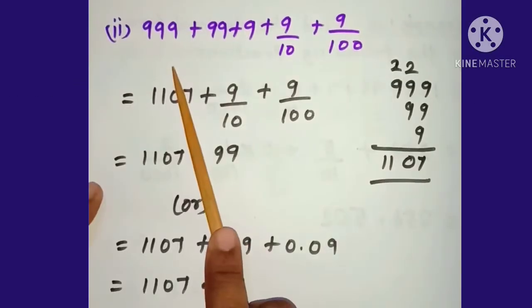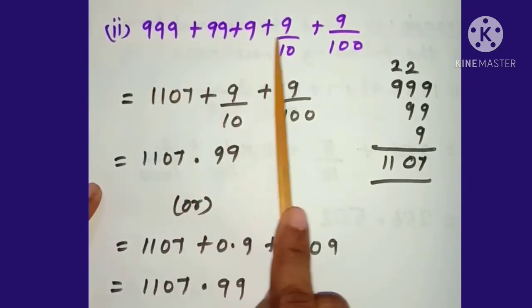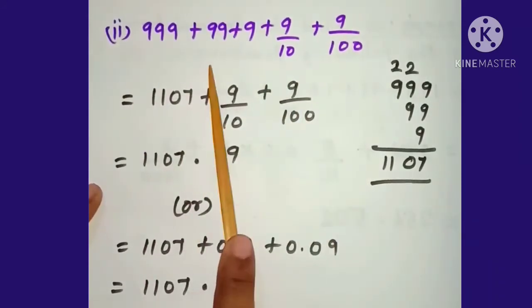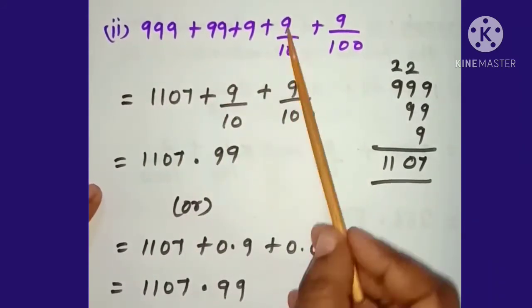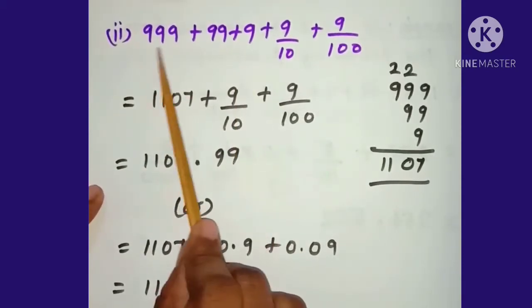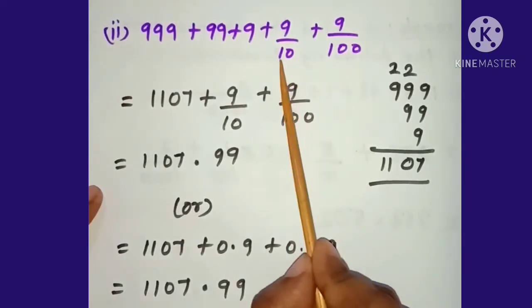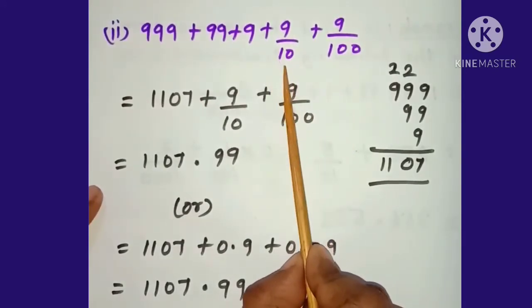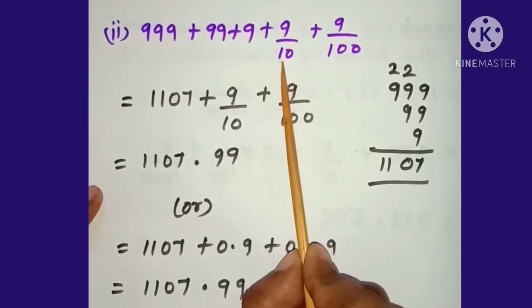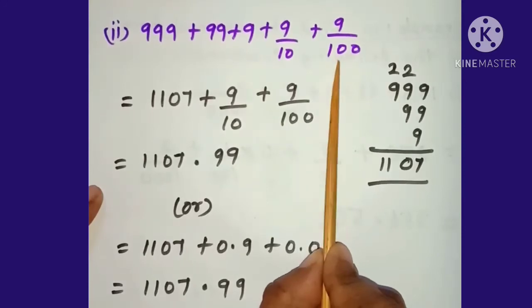Now students, given the fraction 999 plus 99 plus 9 plus 9 by 10 plus 9 by 100. While seeing this, we can easily find that all these numbers are in the whole part, which are whole numbers, and here 9 by 10, 9 by 100, that is, if the denominator is 10 or multiples of 10, we can say that these numbers are in the decimal part.